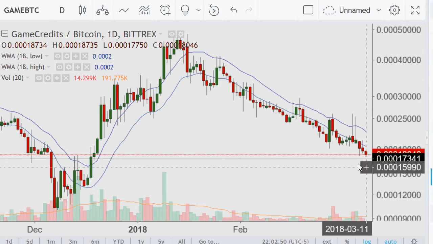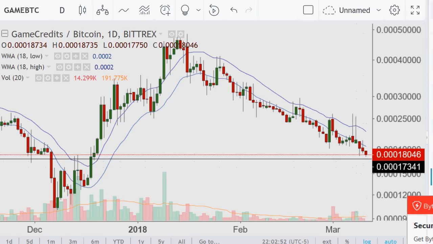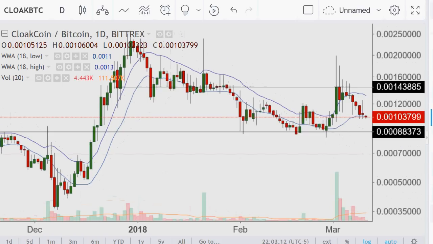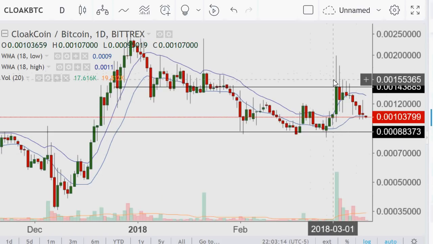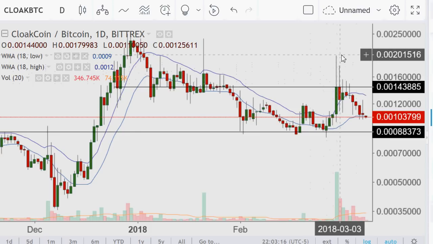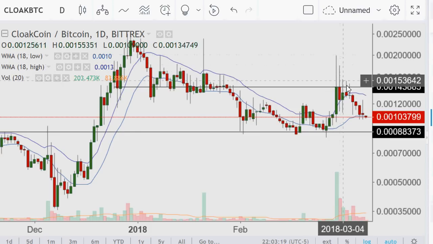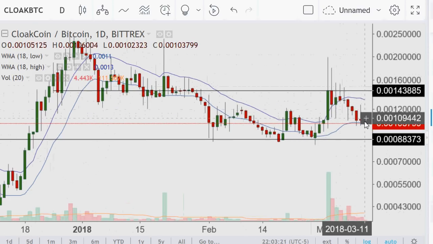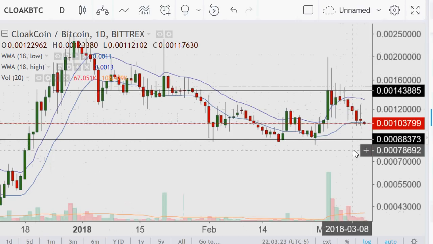Game credits, it's coming close to this line at around 17,341. Cloak, after having this amazing move in here, establishing resistance very well, is having a lot of weakness right now within this 18.